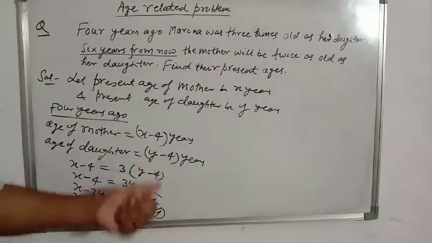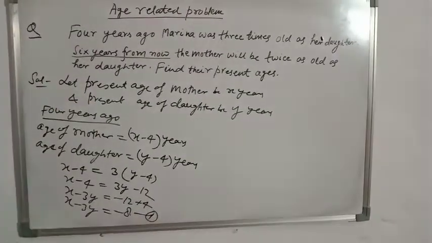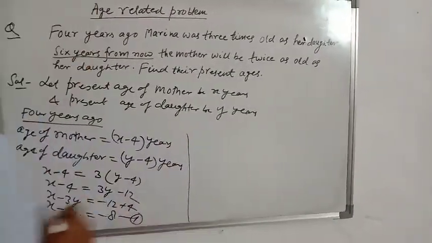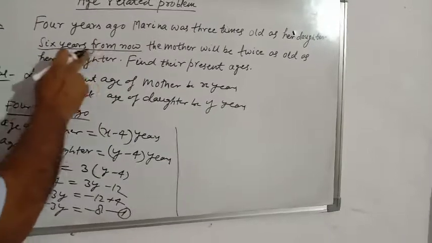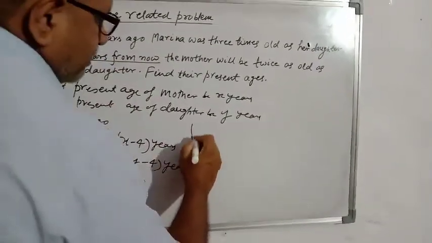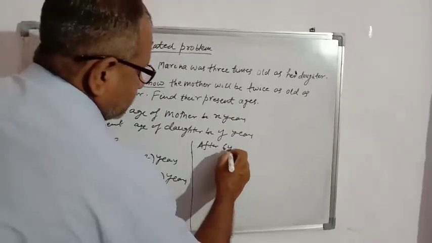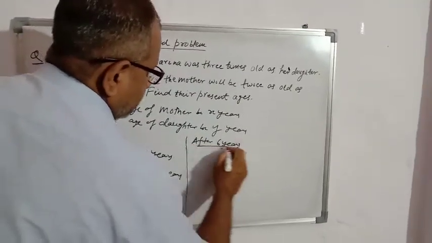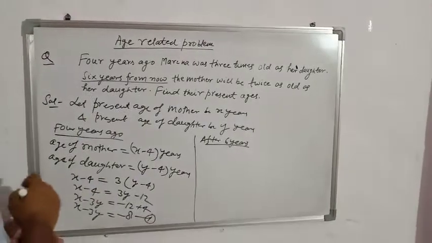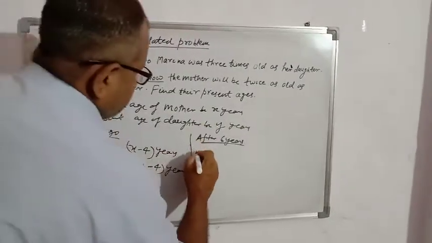Now we will make one more equation from the second statement. Next statement: 6 years from now, which means after 6 years. So what will be the age after 6 years?